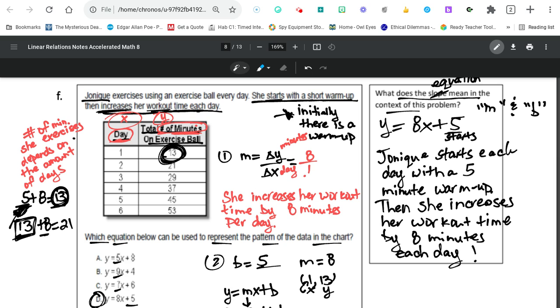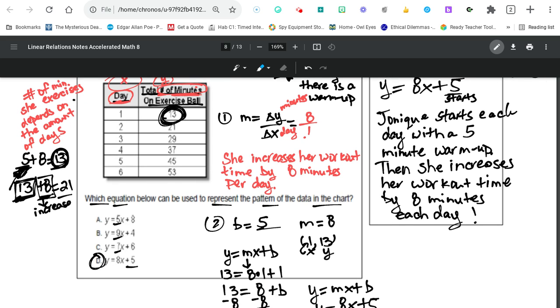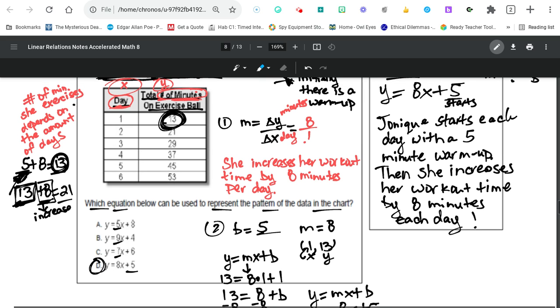And the 5 minutes plus the 8 minutes the first day and 8 minutes the second day makes 21 minutes, okay? This is the 8-minute increase, guys. So this 13 has a 5-minute warm-up, 8 minutes for the first day, and this is the 8-minute increase for the second day. I hope that makes sense. And it just continues to add 8 minutes every day, but the 5-minute warm-up is still there.